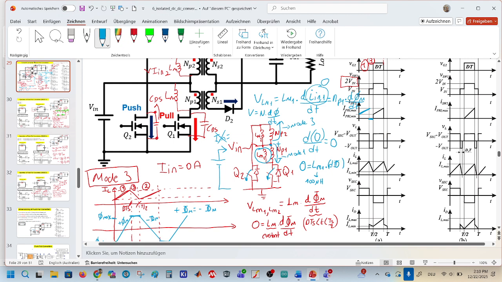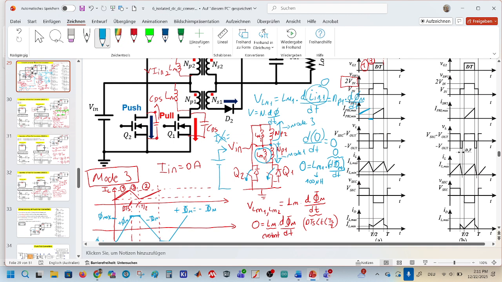I would write d phi m1 divided by dt. If there is no change in the flux, it would give me a value of 0. 0 times a constant would be 0. That means the flux reaches this value here and then should stay constant.